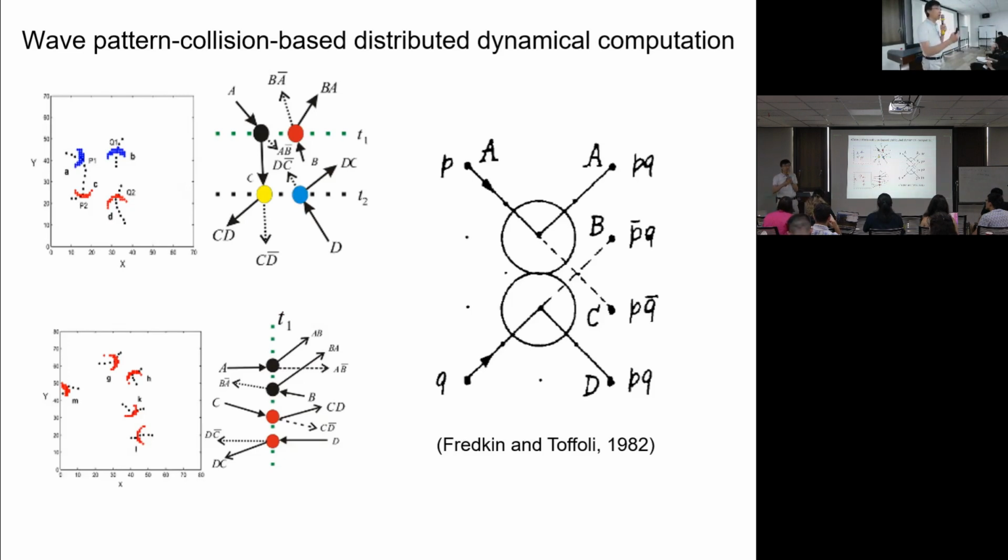You can think about if you have a wave traveling from here to there, and another wave traveling from there to here, they interact. Because of these interactions, information can be processed and integrated, and you have many waves working together.